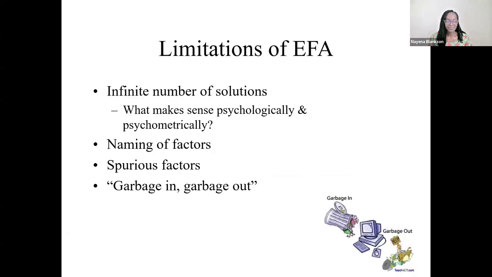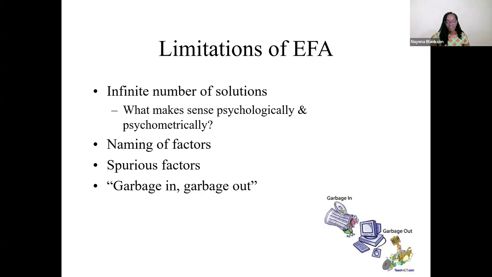All right, so as you can see, there are some strengths of factor analysis because it can help us understand how our variables are going together. But there's a challenge because there are a lot of solutions, in fact, an infinite number of solutions that you can compute. So how does a researcher make sense of all of this?